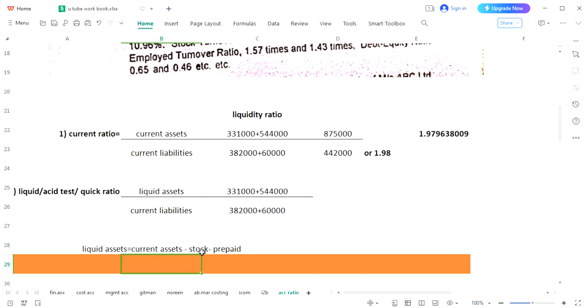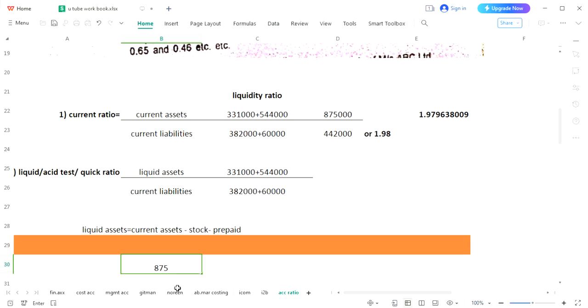In this question, current assets have already been calculated, 875,000, and you need to subtract stock.